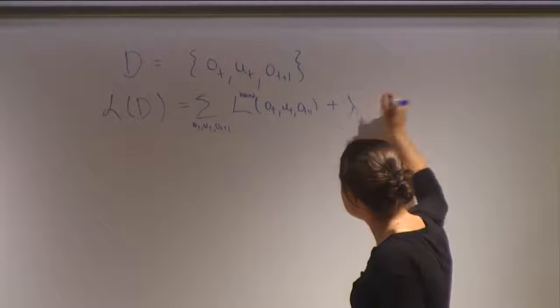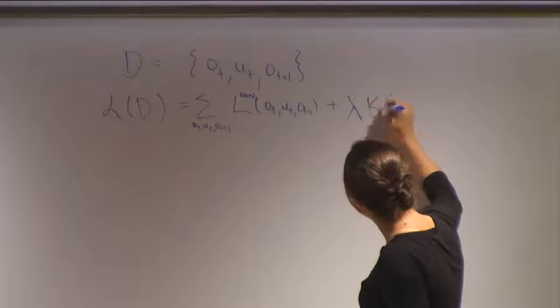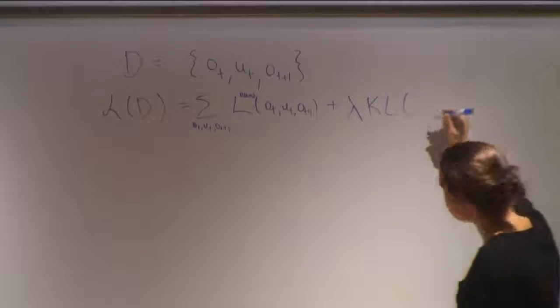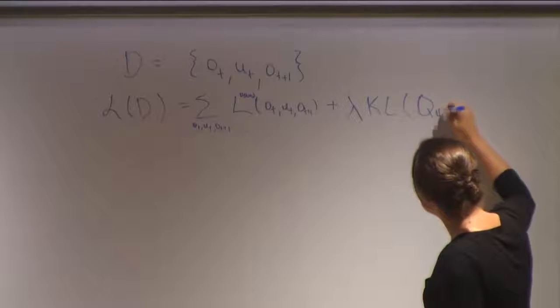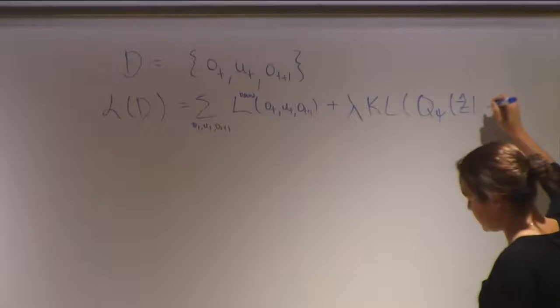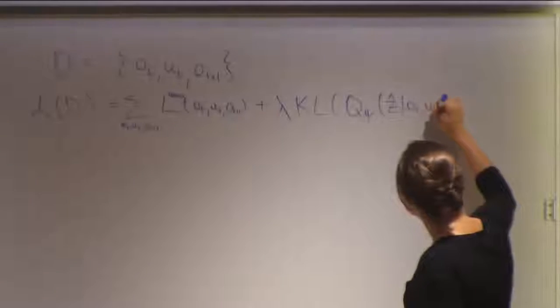And then there's going to be a prior term, the KL between Q of z hat given o_t and u_t.